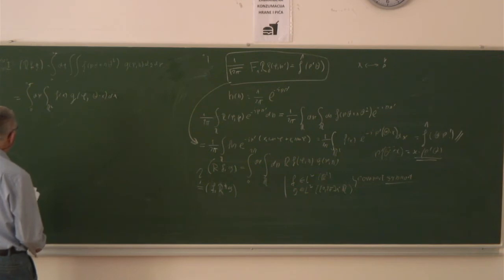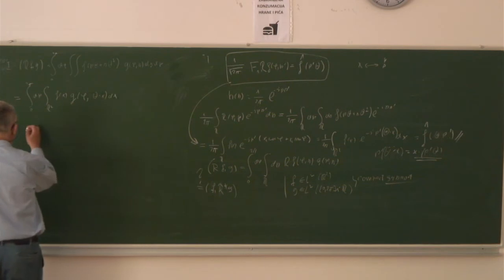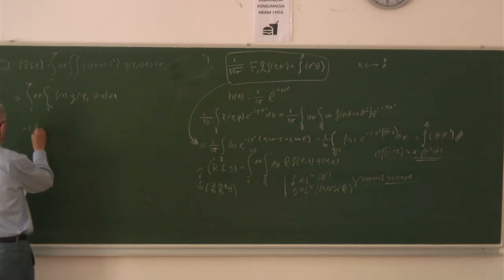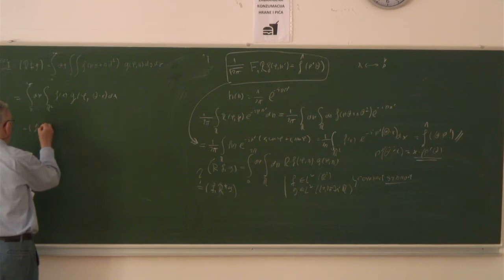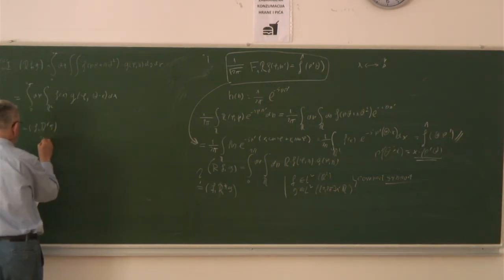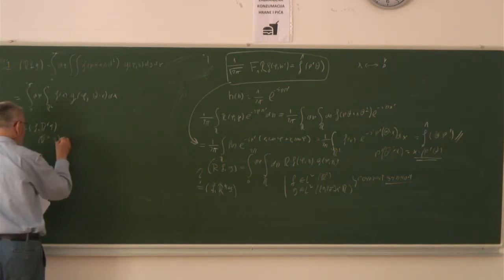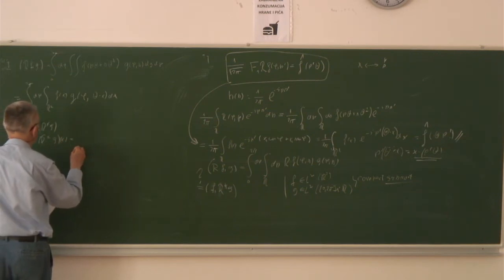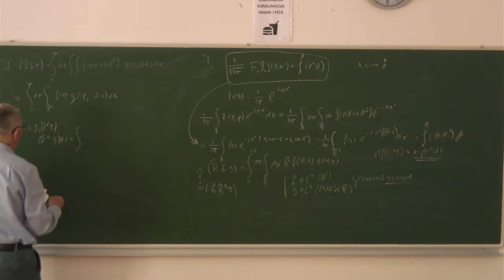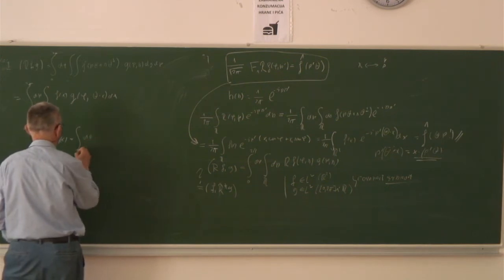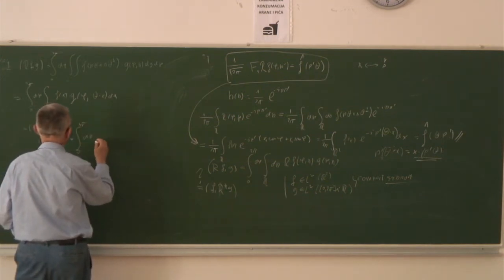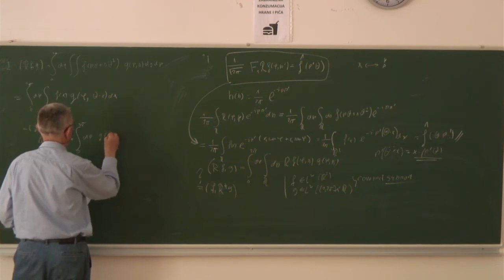So this gives us f, R star g, where R star g, in place of x, is equal to the integral over d phi of g of phi, theta times x.